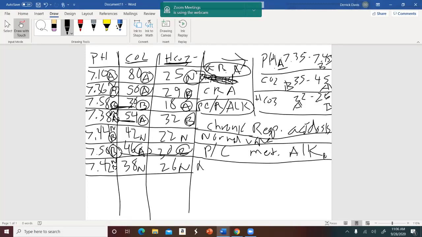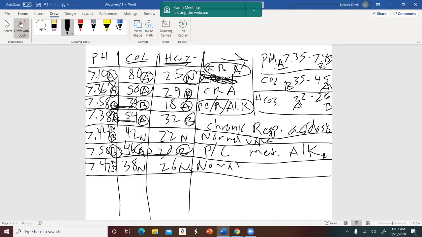So this is a normal blood gas, right? So in this situation, if the patient's working hard to breathe, you might consider something like fatigue is setting in. That's what we call impending respiratory failure. It's impending. It's coming up. They're falling into respiratory failure. They're not quite there yet, right? Because their pH is still normal.